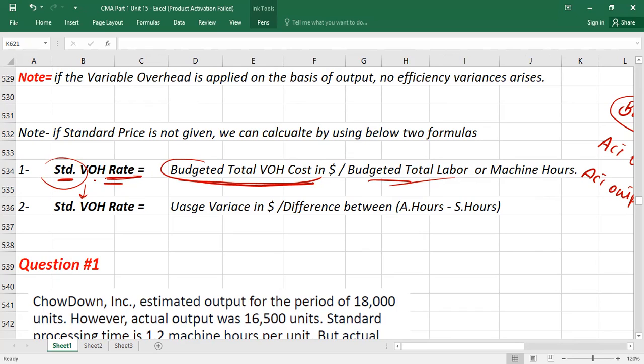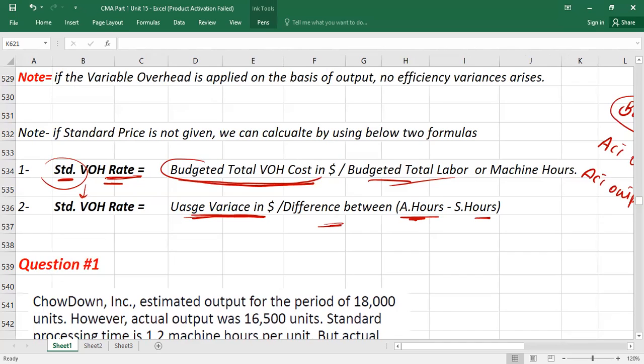In exam, he will tell you efficiency variance in dollar. Variance answer he will tell you, like efficiency variance is 5,000 favorable or 5,000 unfavorable. I'll take that variance. And I will divide with what? Divide with the difference of what? Actual hours and standard hours.